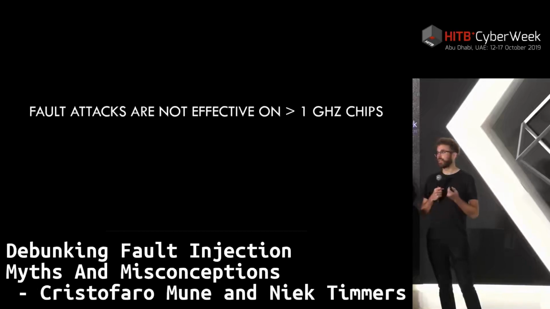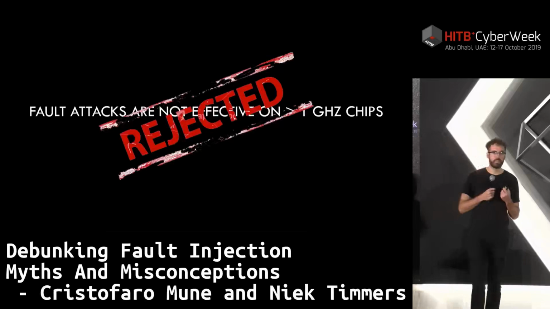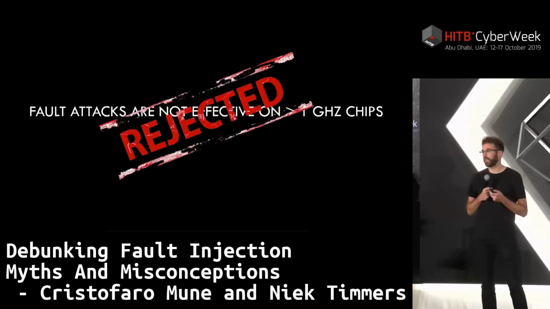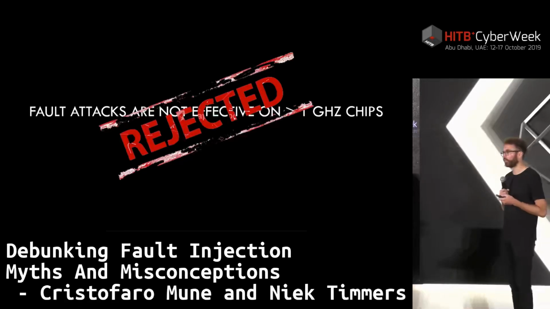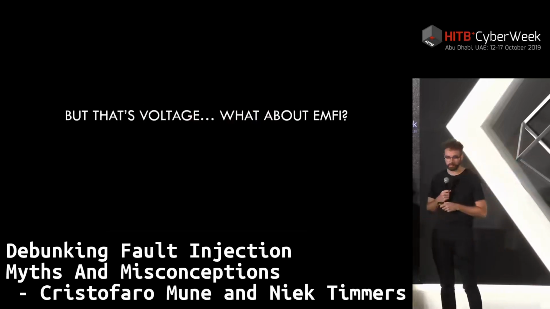So we like to say that this myth doesn't really hold up. It might be hard to think that these attacks are applicable on these fast chips, but they really are. It's not a problem to make the right faults with certain types of glitches.